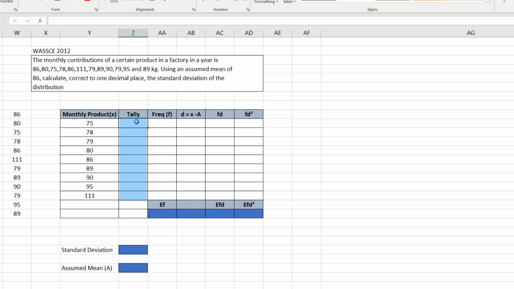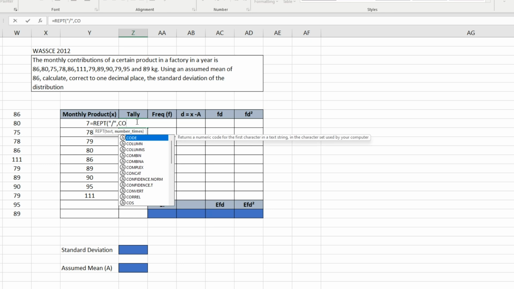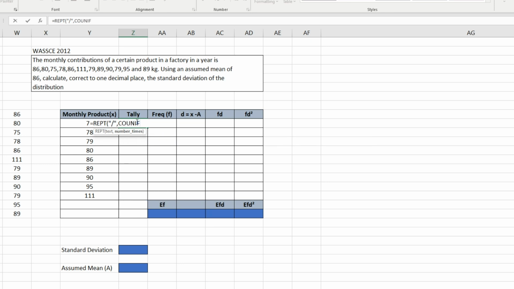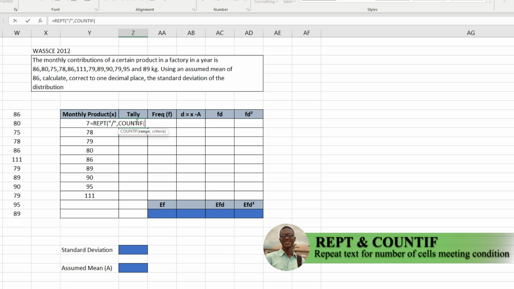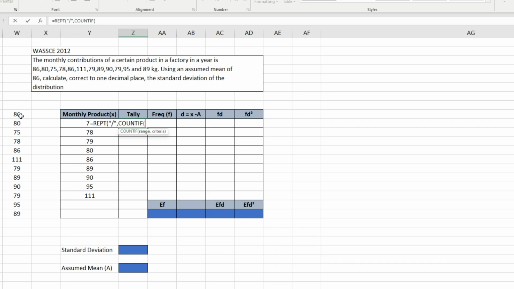With my tally, I'm going to use the REPT function. The text that I need to repeat is this one here. And the number of times that I need to repeat it, I'm going to use the COUNTIF over here to check the number of times these values occur, and it will multiply it by the tally.